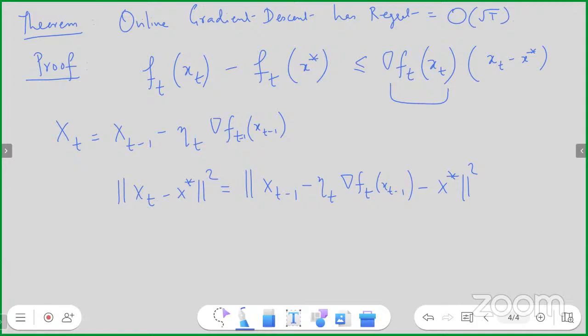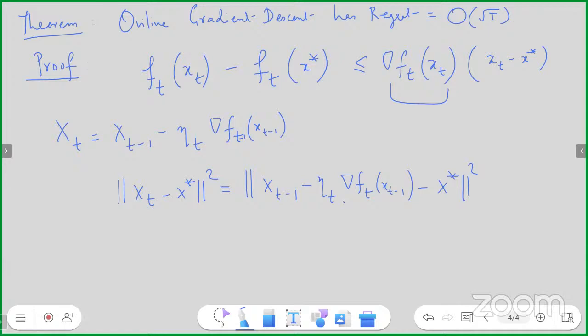When I take the square, what kind of terms will pop up? There will be xt minus 1 minus x star multiplied with the gradient term, the cross term. There will be exactly that term. The rest will be xt minus 1 minus x star squared, similar to here, only with a different index. And there will be a gradient squared term.